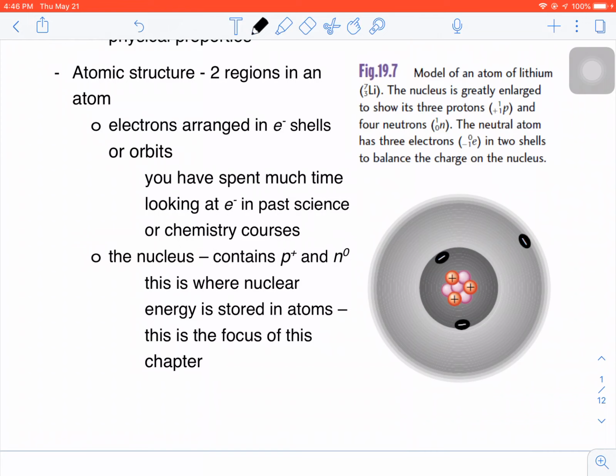They're in the electron orbits or electron shells. And again, if you've taken 3U chemistry or 4U chemistry already, I'm preaching to the choir here because you understand all of this already. And then I'm seeing those little pink items in the nucleus. Those little pink ones are the neutrons. So I've got protons in the nucleus, I've got the neutrons in the nucleus, and then I've got the electrons, which are outside of the nucleus.